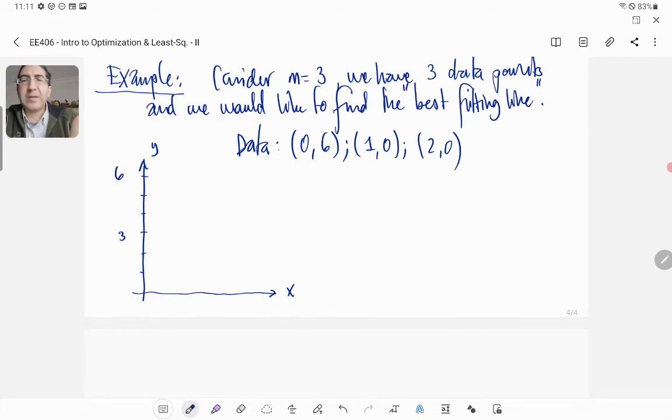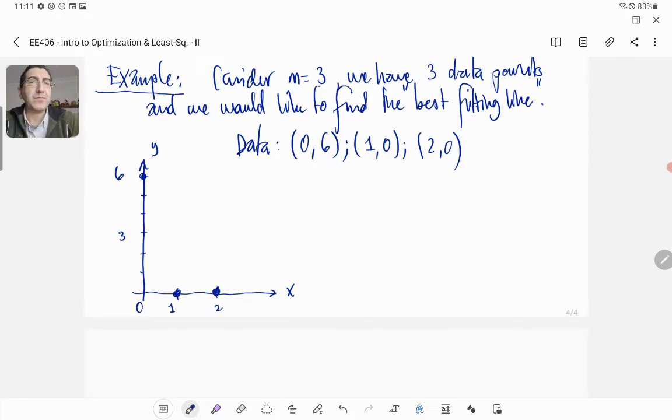All right, so my data points are 0 and 6. So I have a data point here at 0, 6. I have 1 and 0. So let's also put here 1, 2. So I have 1 and 0 over here and 2 and 0 over here.